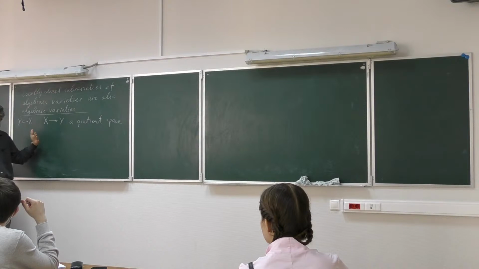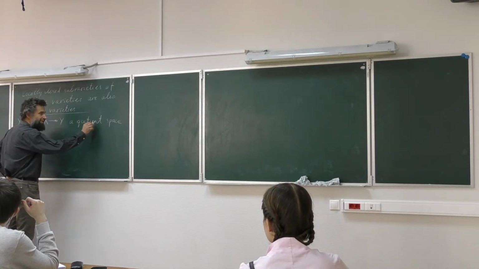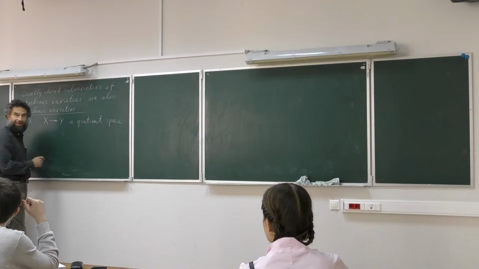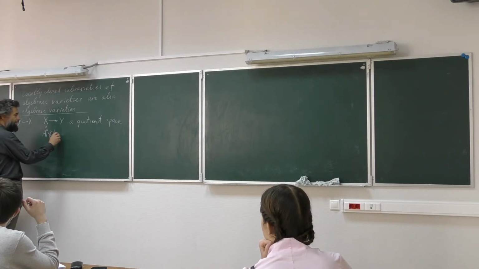In a sense, it's the subject of the invariant theory that we discussed last year, for example. Okay, the only but very important example that will be in your home assignment is when this X is the punctured affine space, like this, and this Y is the quotient modulo dilations.